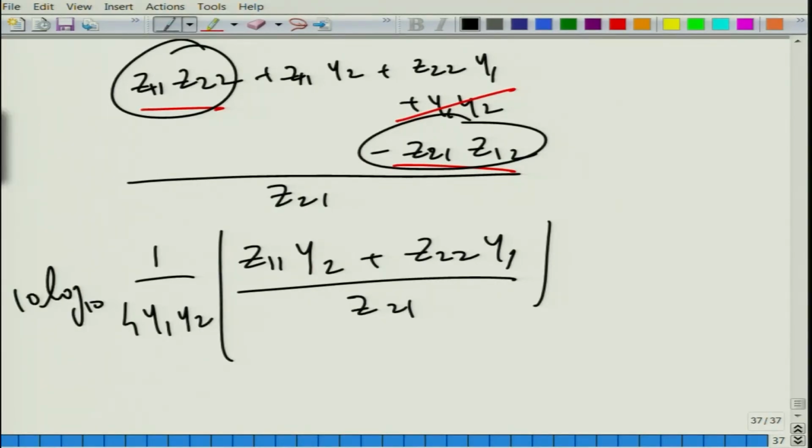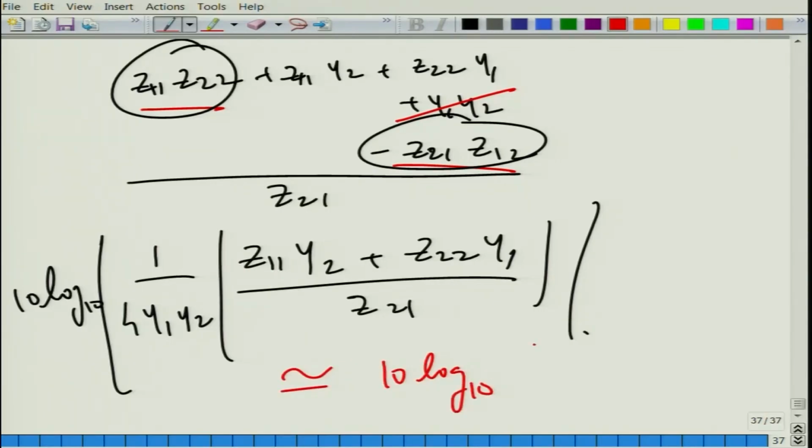So basically, when Y1 and Y2 are the same, equal, you can take this out, and since they are all tending to infinity, this can approximately be written as 10 times log 10 of Y2 by Y1 and 4, this is square of course.